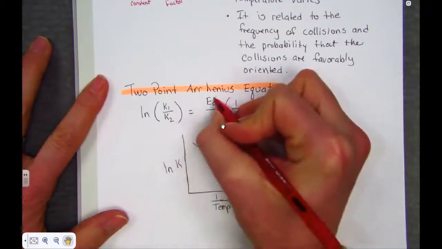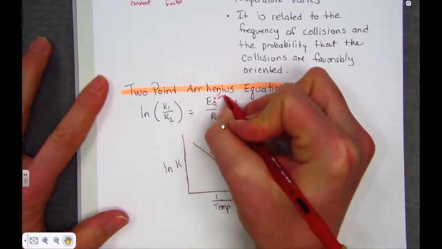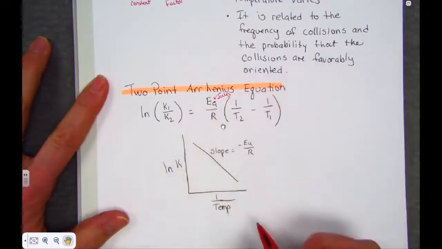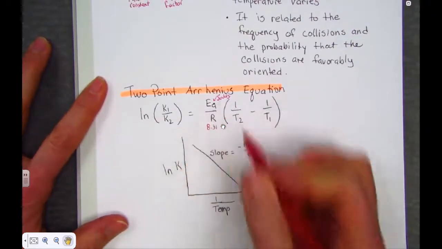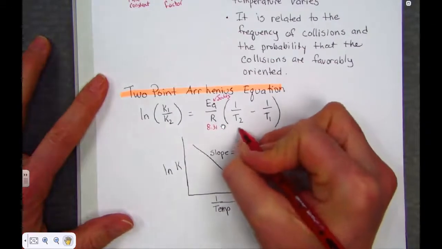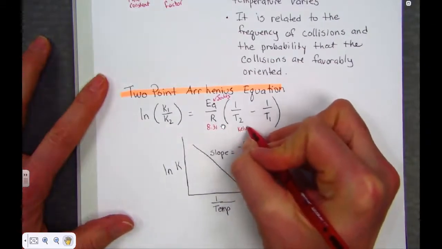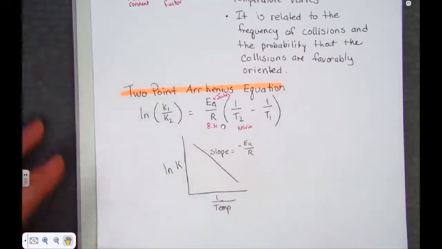Ea is activation energy. Remind yourself when we're plugging in these values, they must be in joules. R is the gas constant, 8.31, when we're using the metric, and temperatures must be in Kelvin for this to work out. So every time we're hitting with Arrhenius, make sure it is indeed Kelvin temperatures.